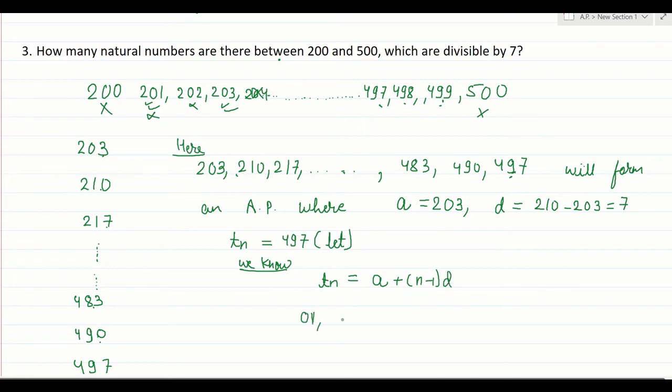So let's input the values. Tn is 497 as per our supposition. A is 203 plus n is not known, so n minus 1 is copied and d is 7. So it is 497 minus 203 equal to 7n minus 7. Isn't this?